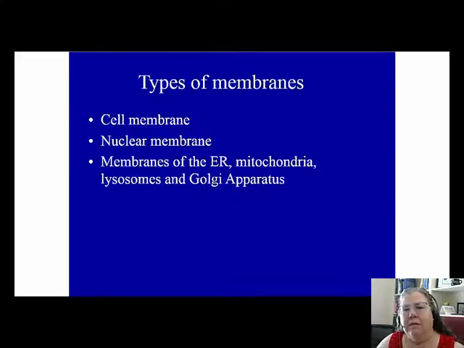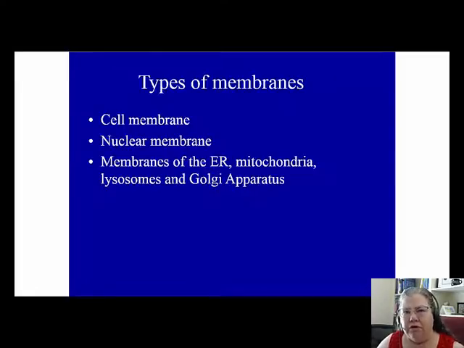So when we're talking about membranes, we have the cell membrane itself, the outer membrane, the nuclear membrane surrounding the nucleus, and contiguous with the membranes of some of the other organelles, particularly of the endoplasmic reticulum, and we'll come back to that as we look at diagrams and talk about the structure and function of some of these organelles.